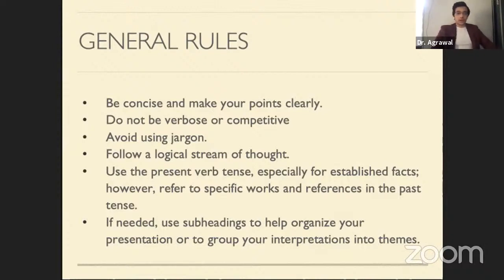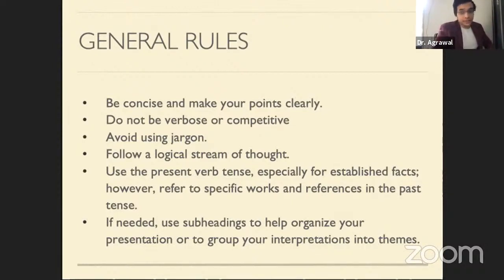So avoid using any jargon and follow a logical stream of thought, where the results that you have presented first should be included in the discussion first. You go from the problem that you are describing to your results and how they are placed, and then to what sort of recommendations or solutions you are giving to the problems that your research has identified.